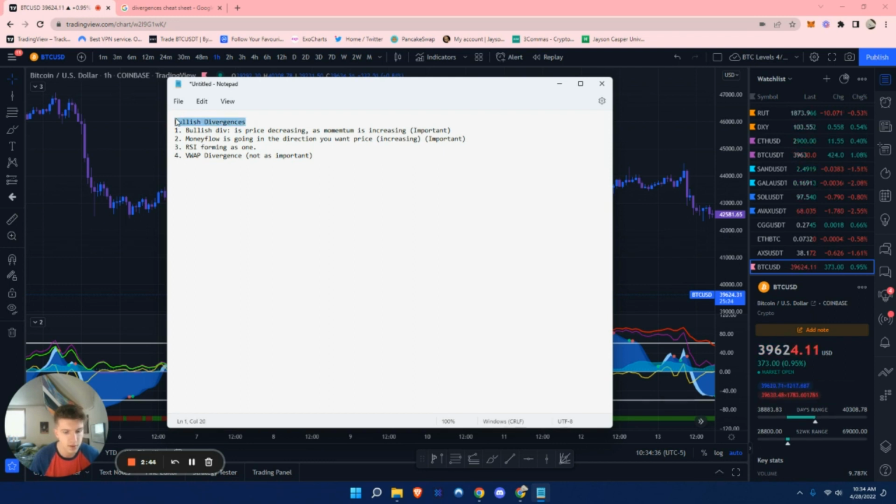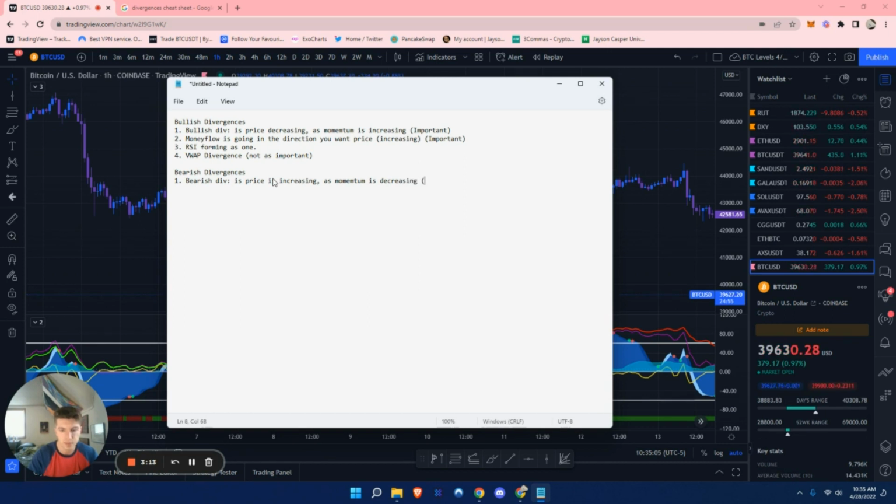Next, we'll go down and look at Bearish Divergences, and really it's kind of the same thing. So let me type this out: Bearish Divergences. Step 1 to looking at a bearish divergence is: price is increasing as momentum is decreasing. And again, this is important.